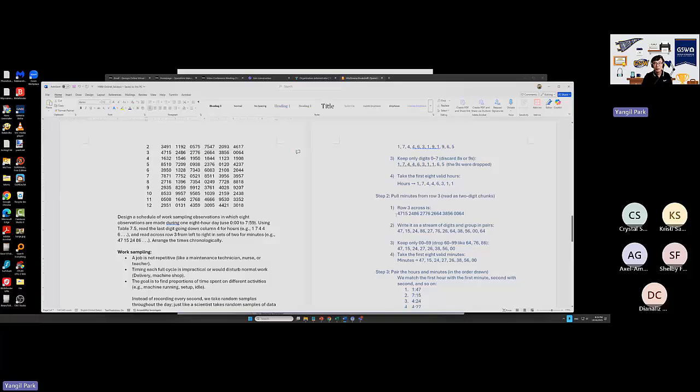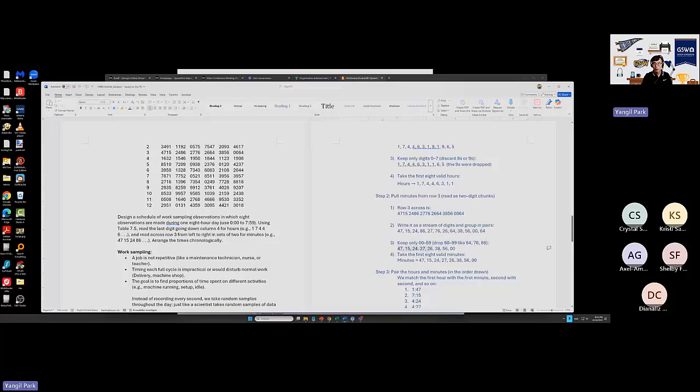From this, we keep only those numbers in the range 00 to 59. So 47 is good, 15 is good, 24 is good, 86 is not good because it's greater than 59, 27 is good, 76 is out because it's greater than 59. That's the process.